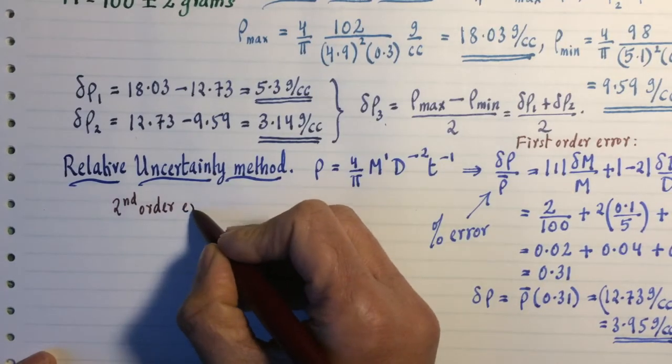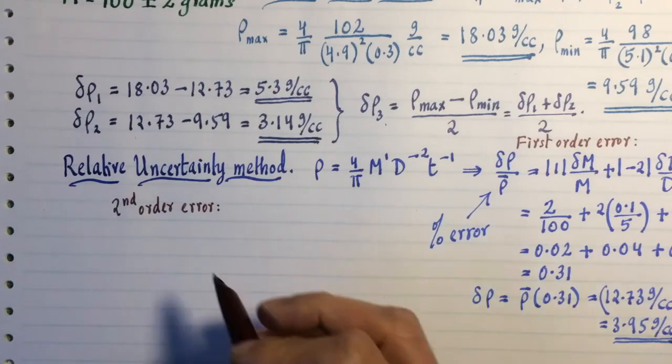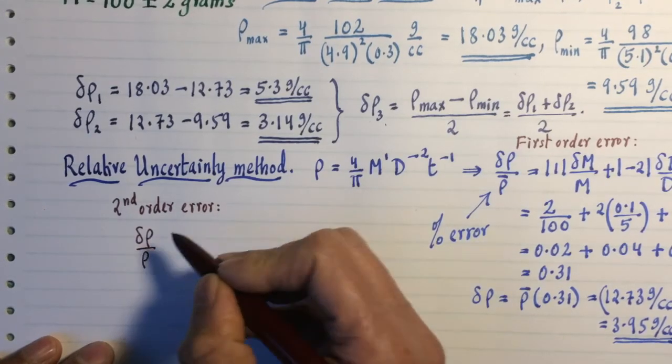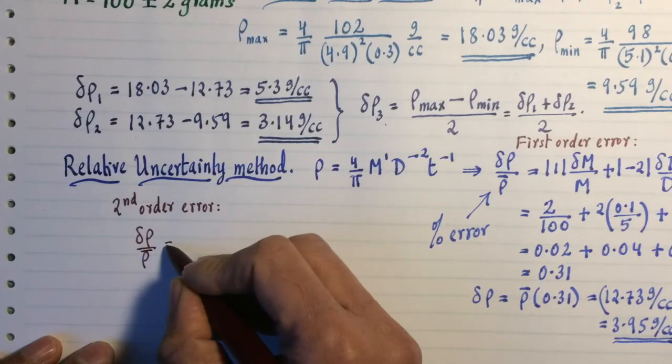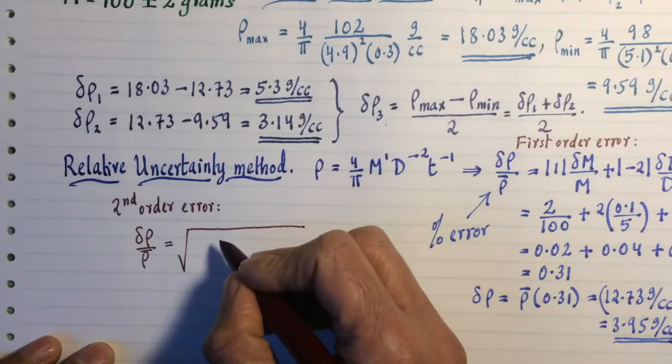So the second order error is used generally for normal distributions. In our experiments, we're never going to have as many data points as we need for normal distributions. I think the second order error is a little bit of an overkill for this course, but nevertheless, you need to know what it is.